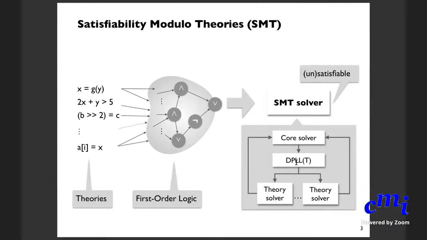The idea is to use DPLL, which is an efficient way of deciding Boolean formulas, and then query these theory solvers as and when you require.